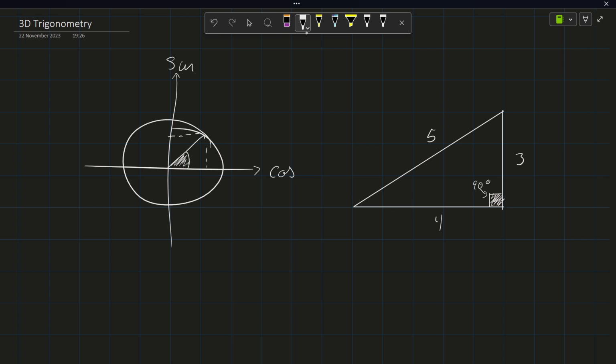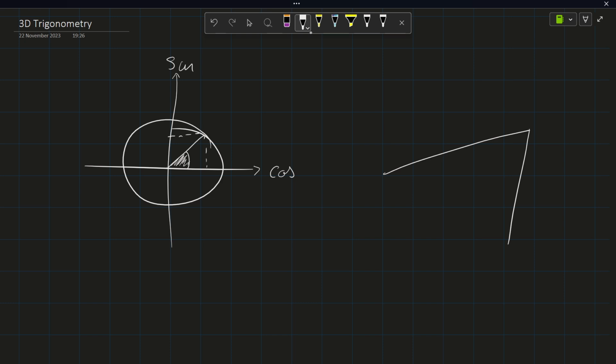Let's say we were evil and we didn't want to use a right-angled triangle because, I don't know, the world wronged you and you didn't have one available. Say you just had a generic three-sided triangle.